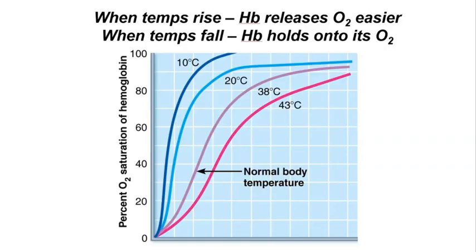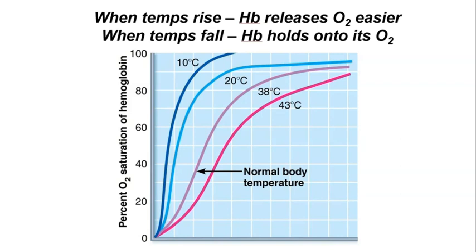Now let's examine the influence of temperature. Increases in temperature shift the oxygen hemoglobin saturation curve to the right, and decreases in temperature shift the curve to the left. A shift to the right means that hemoglobin will more easily unload the oxygen that it is carrying, whereas a shift to the left means that hemoglobin will less easily release its oxygen.